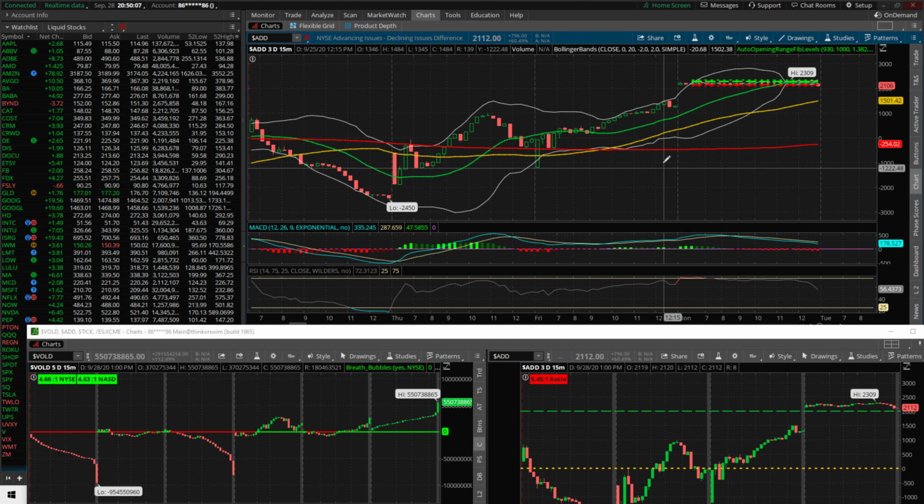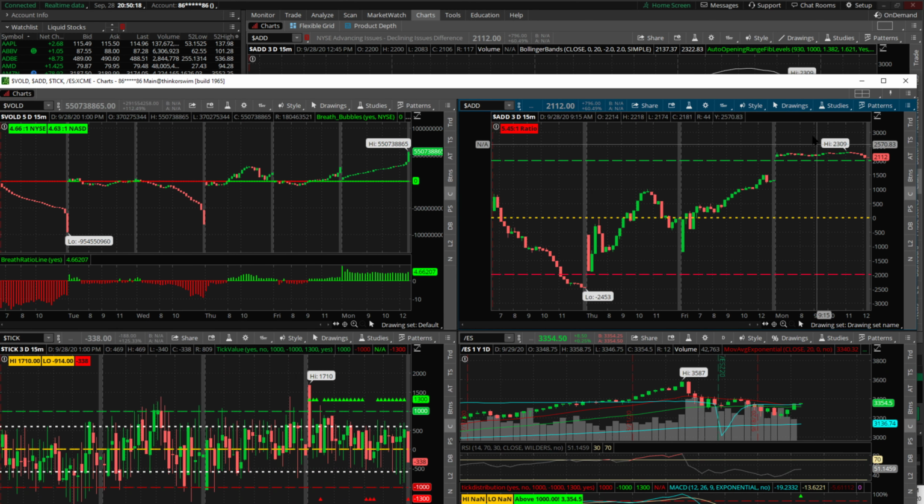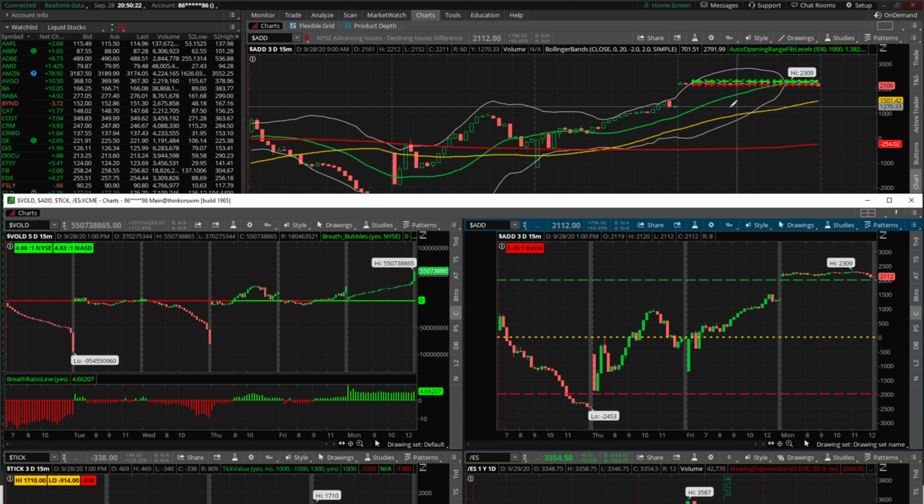It's the same as what I have over here, except I don't have all the trend lines, okay? Because I have a specific study for advanced decline. It looks exactly the same, as you can see, for today, but it doesn't have all the Bollinger or all this stuff here, because I took it away. And then this is your advanced decline line.